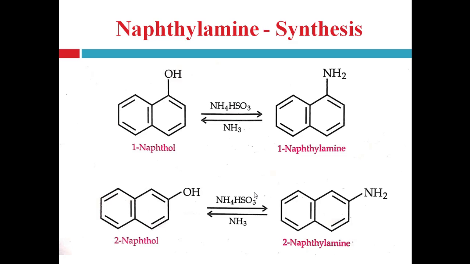See here, NH4HSO3, that is the ammonium hydrogen sulfite, and ammonia NH3. So when 1-naphthol is heated with ammonium hydrogen sulfite and ammonia, that will produce the 1-naphthylamine.